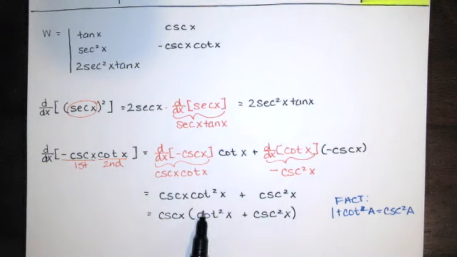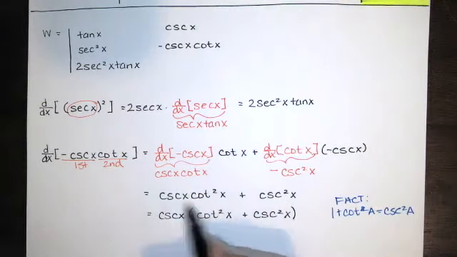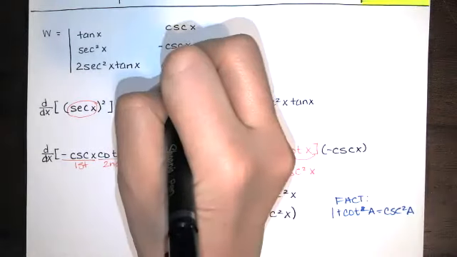Or we could write this entirely in terms of cosecant by replacing this guy with cosecant squared x minus 1. Either way is fine, actually. Or you could just leave it like this. I think I'll leave it like this. I'll leave it in this form because I don't think that factoring really helped us much.